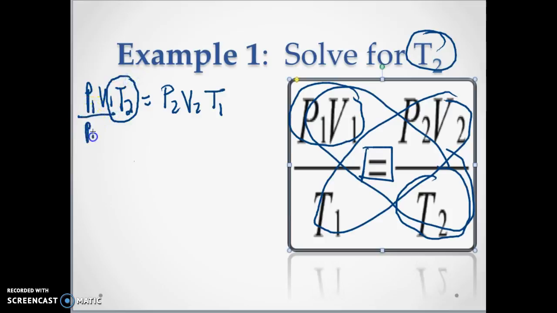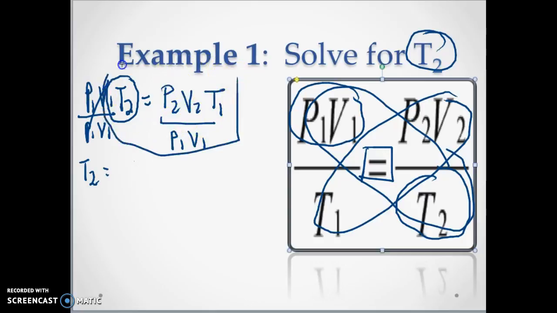And the only way to do that is to get rid of whatever's here and put P1 V1 there. Then you're going to plug things in. So T2 is equal to all of this, but we don't have numbers, so this would be our answer right here.